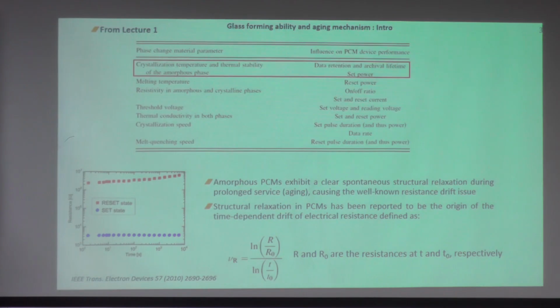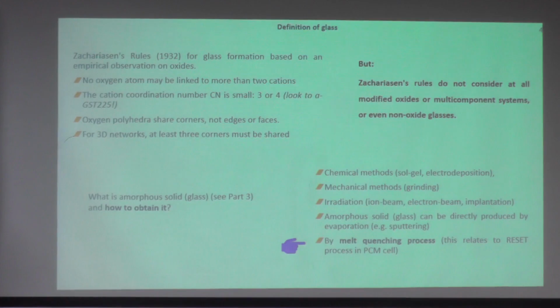So let us look at the basic properties of the amorphous structure of our phase change material. First, I would like to define again what glass is. In 1932, Zachariasen stated some rules for the definition of glasses based on observation of oxides. He stated that no oxygen atoms may be linked to more than 2 cations.